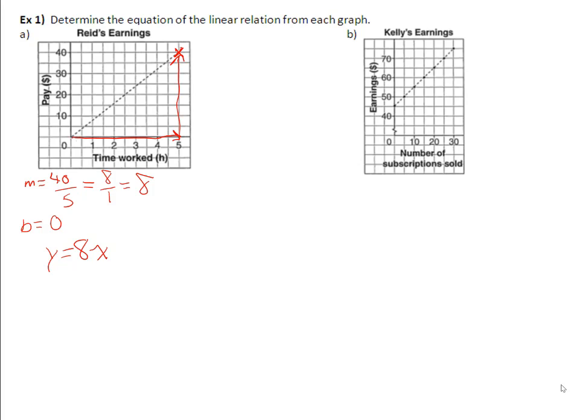It's just y equals 8x. That is our final equation for this example here. Just a quick recall: y equals mx plus b. m is our rate of change, our rate, and b is our initial value.